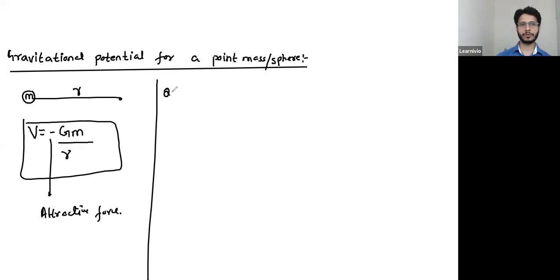Solve this simple question. This is a mass of 10 kg. At a separation of 10 meters from this mass, calculate gravitational potential.